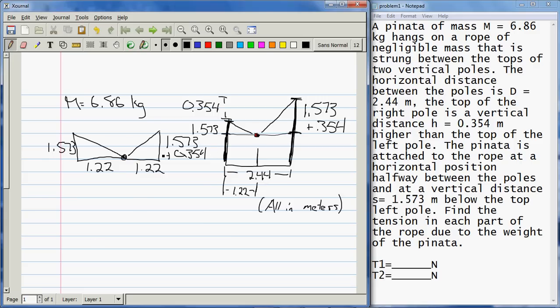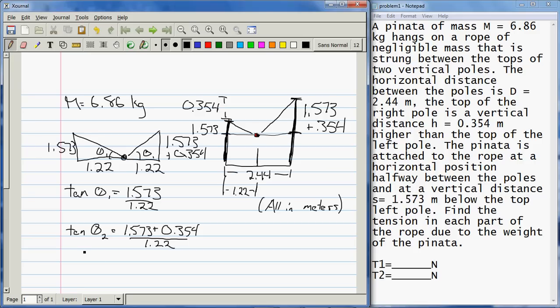Okay, so first thing I like to do is find out what the angles are here, calling this theta 1 and theta 2. We can do this by using our trig identity as being opposite over adjacent for 1.22 and tangent theta 2 is equal to 1.573 plus the 0.354 divided by 1.22.